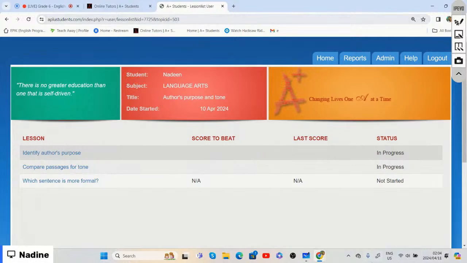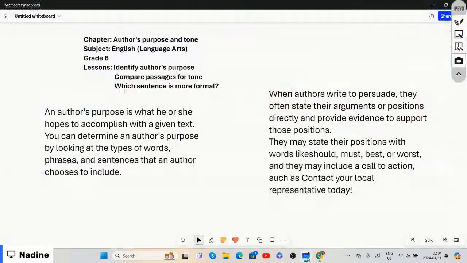All right, so our chapter is author's purpose and tone. Our subject is English language arts, grade 6.